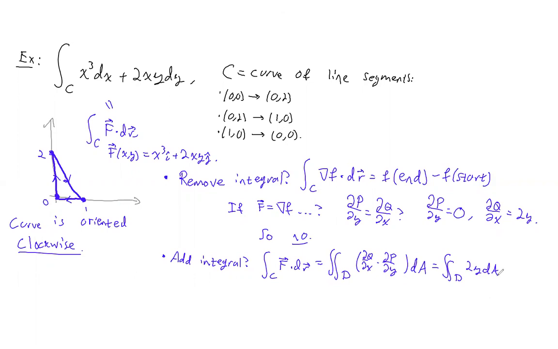And we can only do this if we know what D is. So now we see the value in drawing it out explicitly. We know what D is.